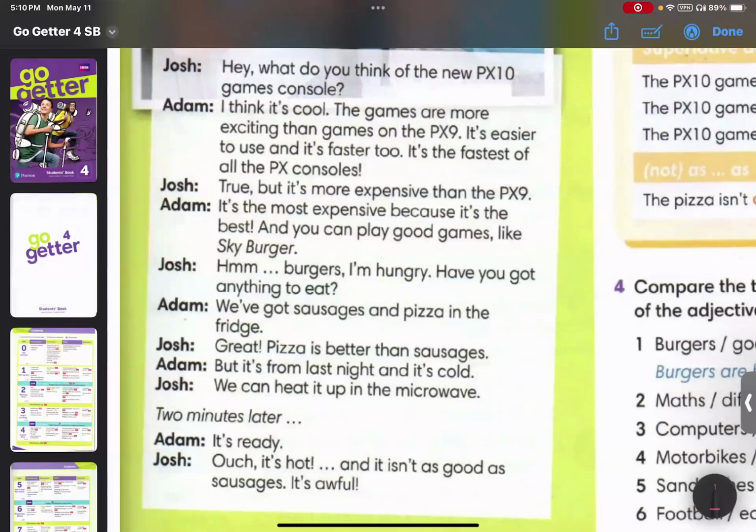Just the adjective, exciting. Okay, that's more exciting. Easier. Faster. The fastest. Just comparative or just the adjectives instead. Okay.